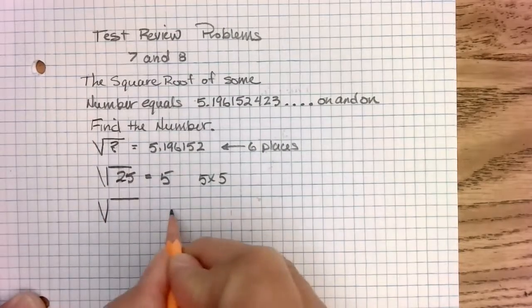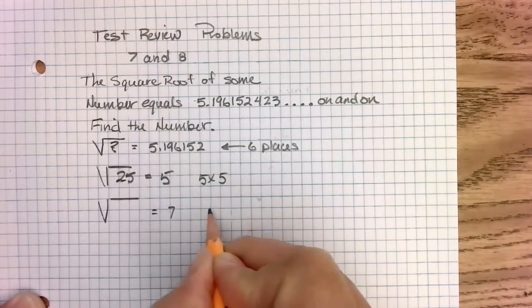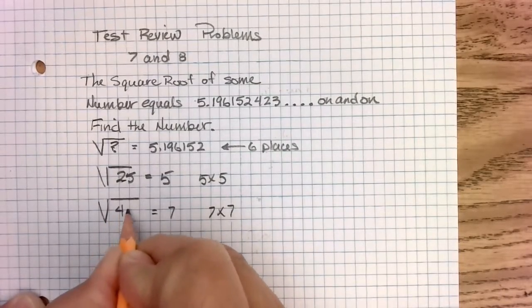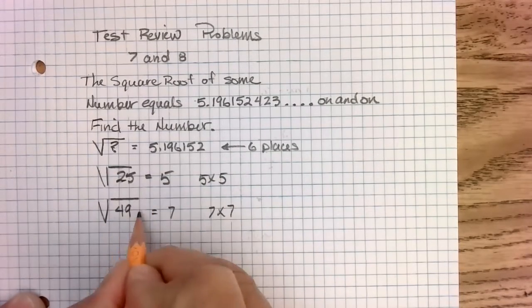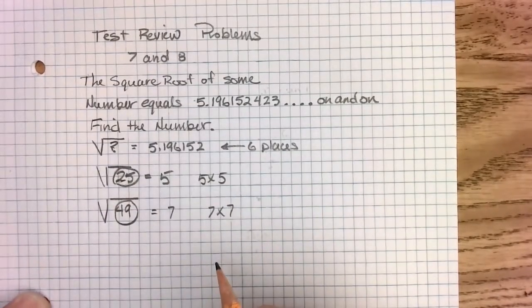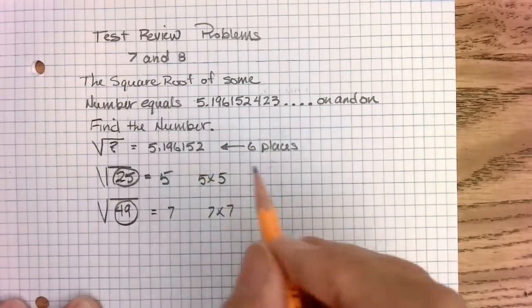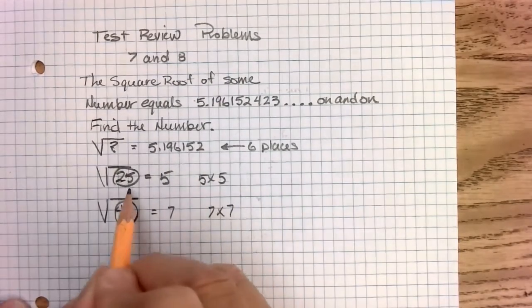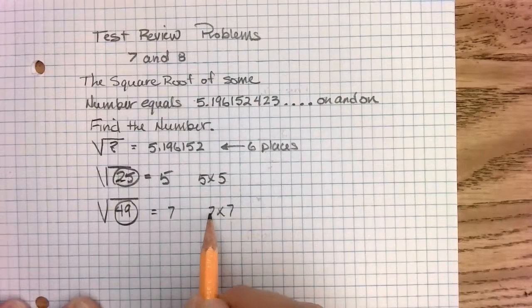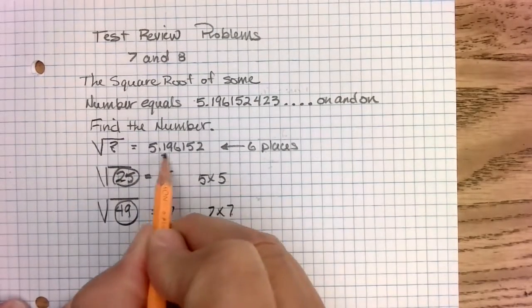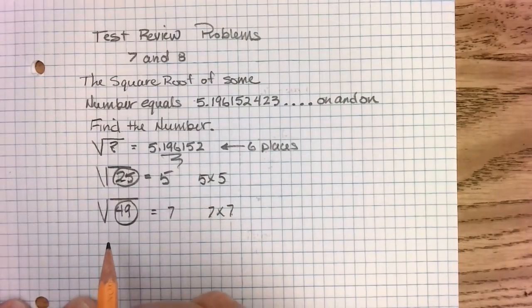If I do 7, 7 times 7, inside there is 49. That's the number that I want you to find. Doesn't it make common sense that if I take this number times itself, I get what's inside? That's what we're doing right here.